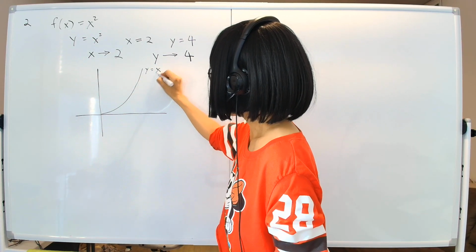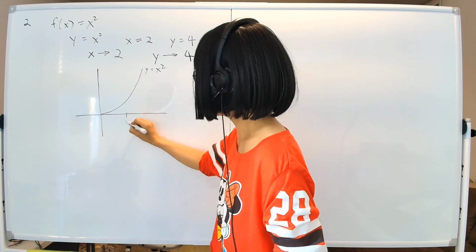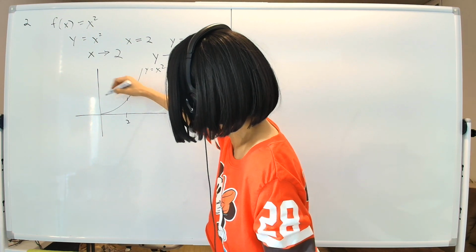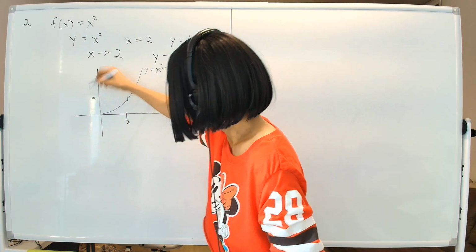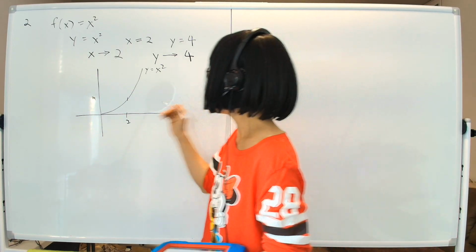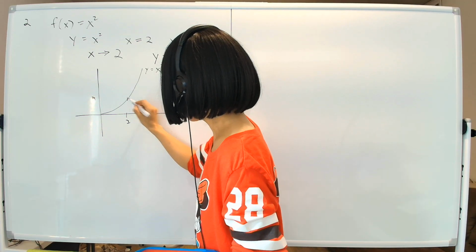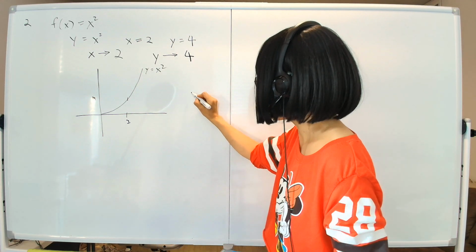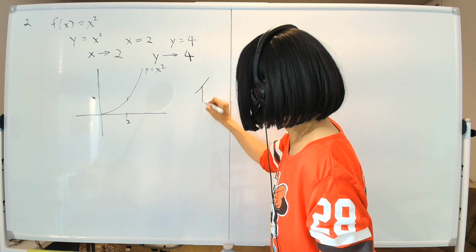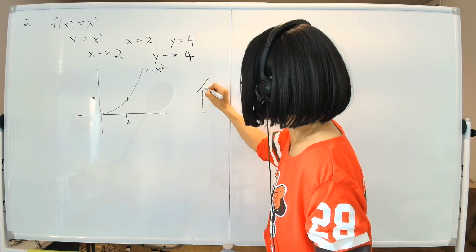Now we are considering the number 2, and when x is 2, y is 4, which is true. But I'm asking you, what happens when it's close to it? Zoom in right here in this area. We'll draw a zoomed in picture of this part, where at 2, y would be 4.